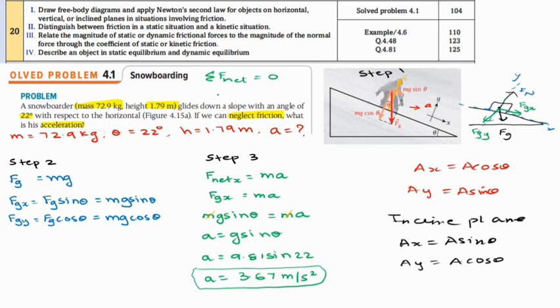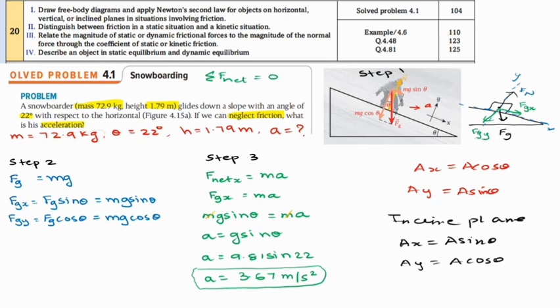But if the object is accelerating, we take the net force, the sum of all the forces along that axis, to be equal to m into a. So since the snowboarder is accelerating here because that's what they're asking us in the question, to find acceleration, I will write F net x equals m into a.